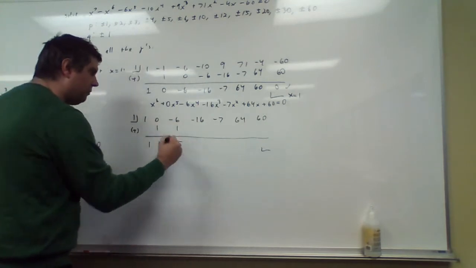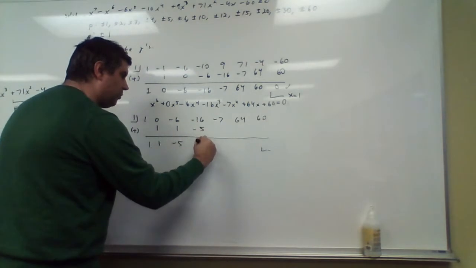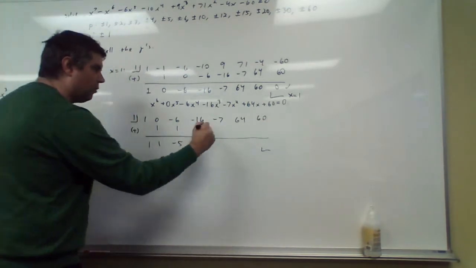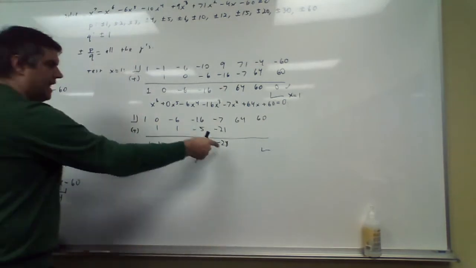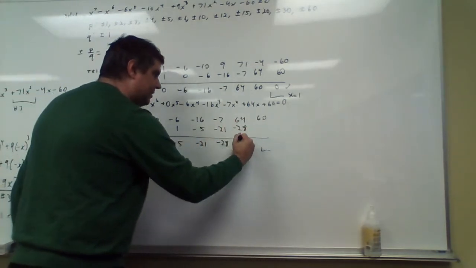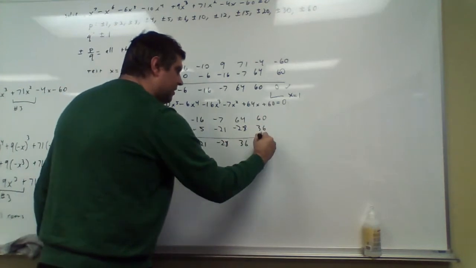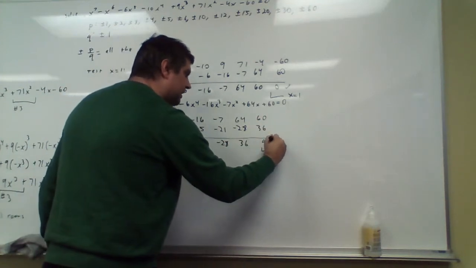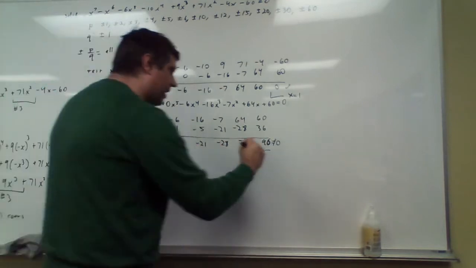That's negative 5 when you add them. 1 times negative 5 is negative 5. That's negative 21. 1 times negative 21 is negative 21. That's negative 28. 1 times negative 28 is negative 28. That leaves me 36. 1 times 36 is 36. That's 96, which is not 0. Okay? So not this time.